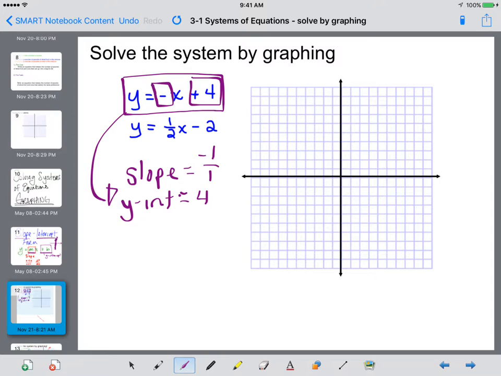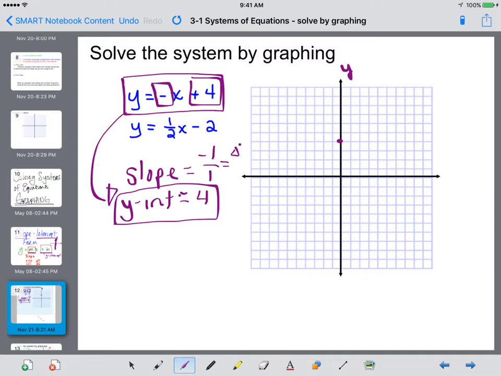To graph, the y-intercept is what starts it off. First point I'm going to plot is the y-intercept here at 4. So I go along the y-axis and count up 1, 2, 3, 4. I plot my first point. Now I use my slope.